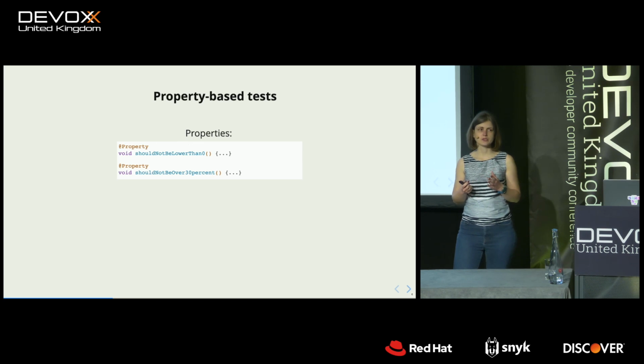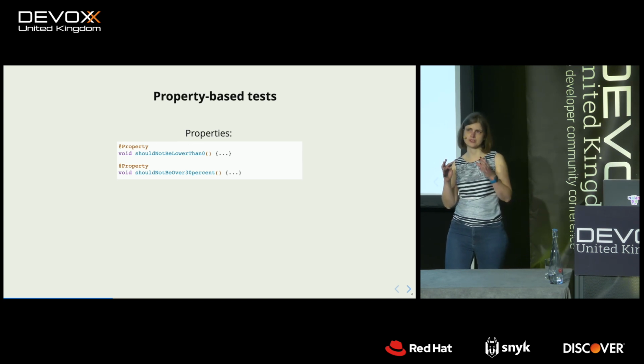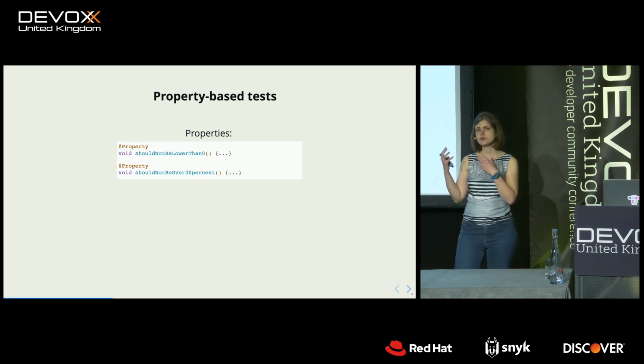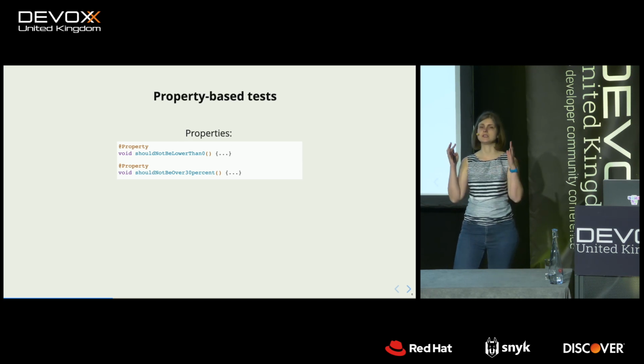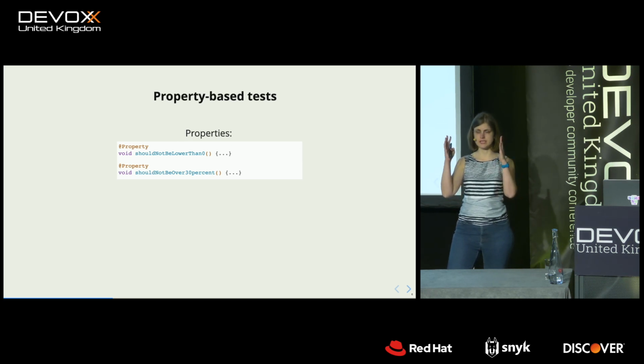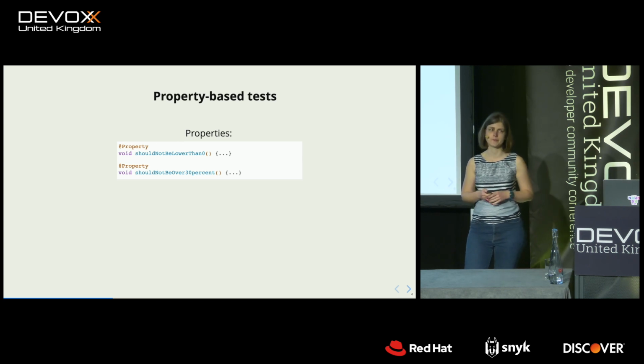It's okay to have a property which covers some part, some aspect, some approximation, because it's not as concrete as example-based tests. You may think of it as some safe, sane boundaries, so that no matter what crazy data you have, the output is within those safe boundaries, and that's what your properties are.